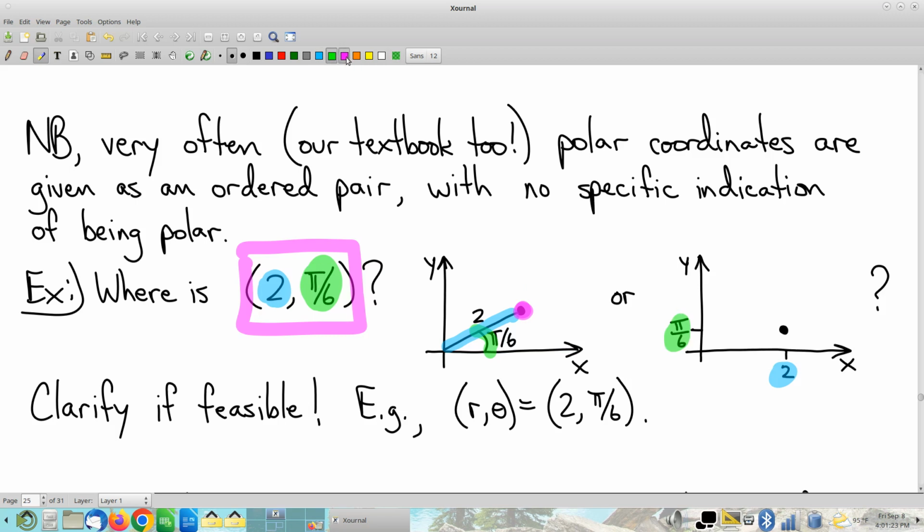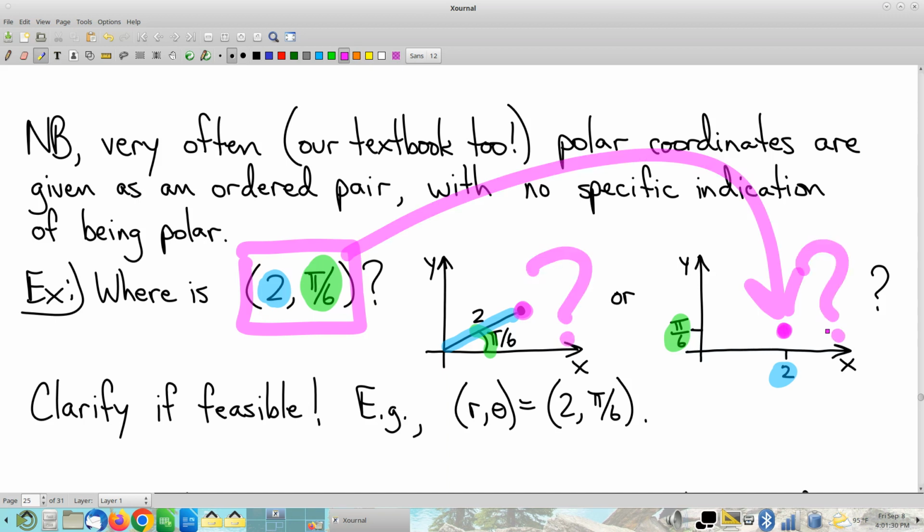This seems weird, I suppose, but it could be either one. So that's a problem, because if you write something like 2 comma pi over 6, it's unclear. Your reader doesn't know whether the numbers you supplied are polar coordinates or rectangular coordinates. From what is written right here, it could be either.